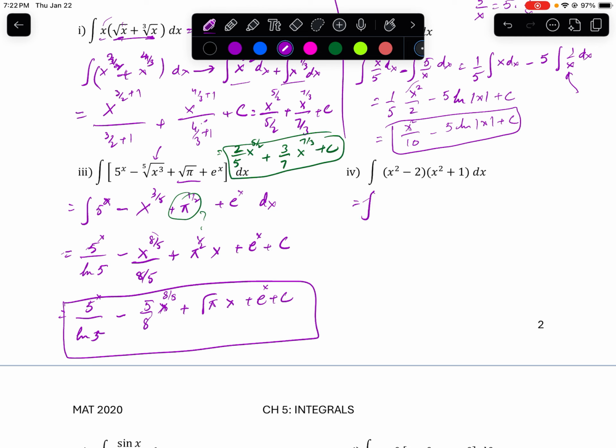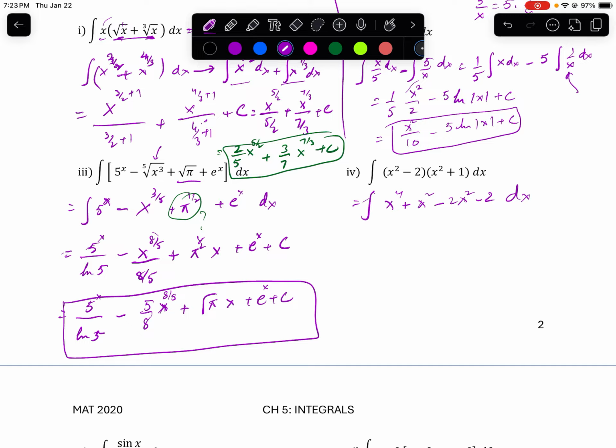So x square times x square is x to the 4th plus x square times 1 is x square. Then minus 2x squared. Then minus 2 into 1 is 2 dx. Now even if I don't put brackets around this, at the end when it says dx, it means that this dx is for all of these terms.